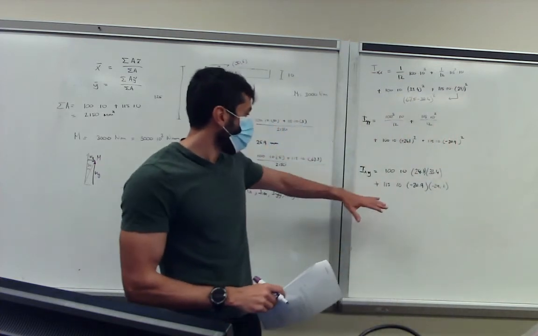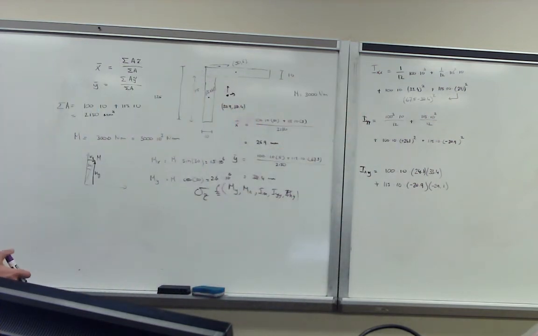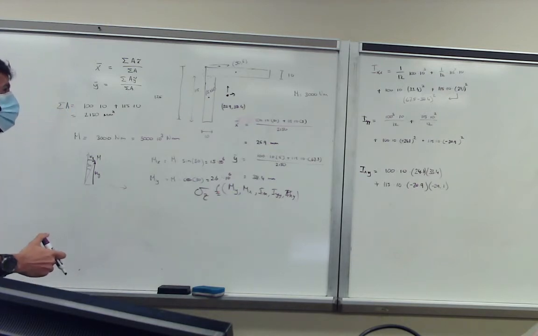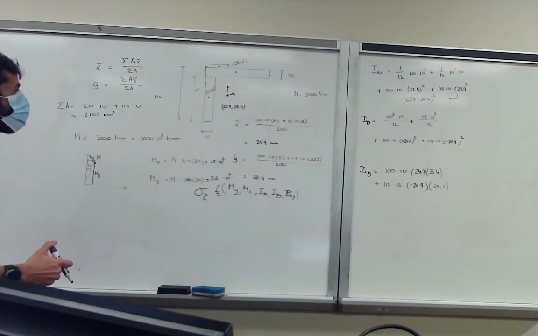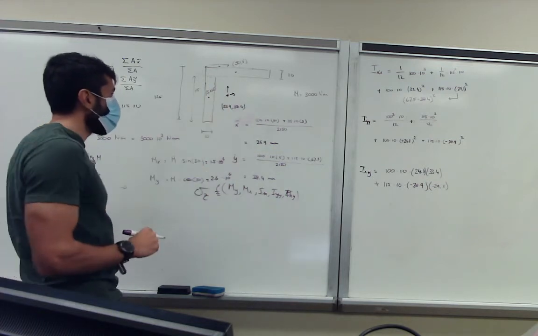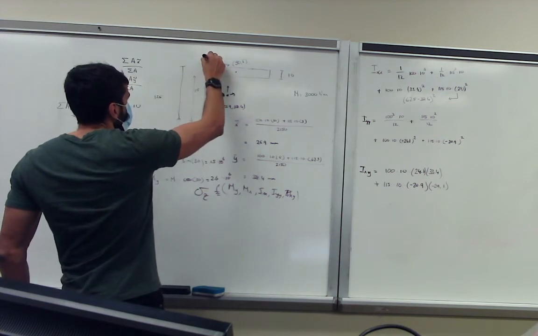In this case, all three numbers will be positive, but imagine that instead of around the centroidal axis, we want to take the moment of inertia around this other point, for some reason.